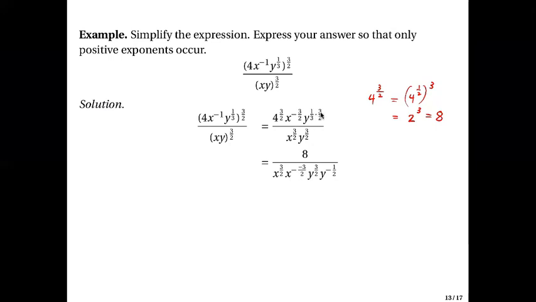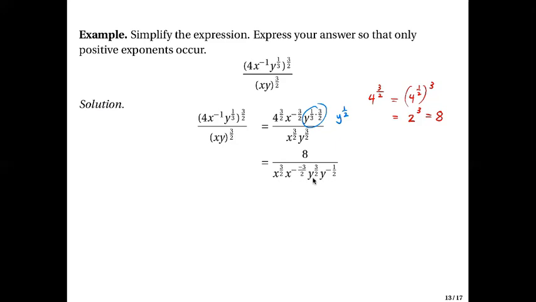And then here, 1/3 times 3 halves, the 3 will cancel, so you will just have y raised to 1 half. In the numerator, you have y raised to 1 half. On the denominator, you have y raised to 3 halves. The exponent 3 halves in the denominator is greater than the exponent 1 half in the numerator, so you bring y raised to 1 half to the other side. That's why you now have y raised to 1 half on the denominator. Okay?